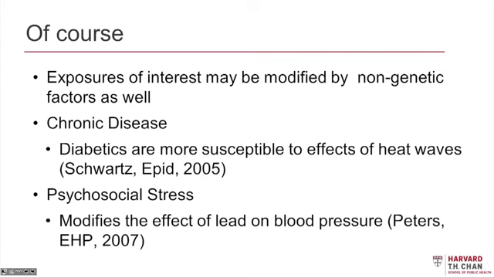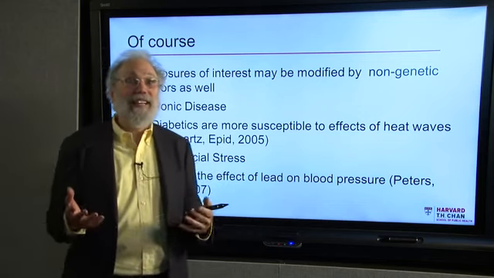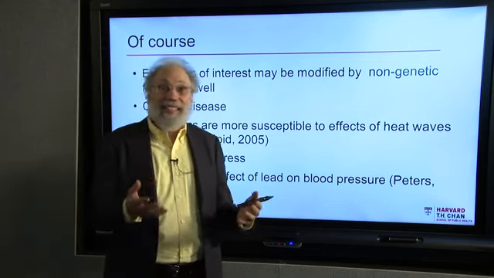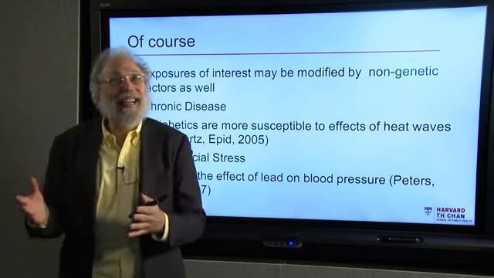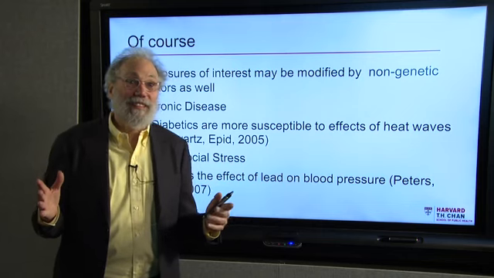So for example, chronic disease. People in Western countries live much longer than they used to, but that doesn't mean that they're not sick in some way for a large part of their life, right?